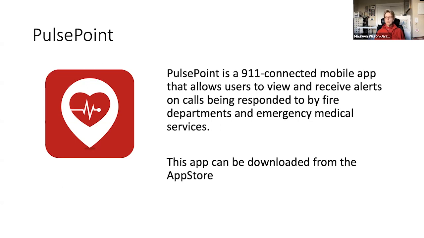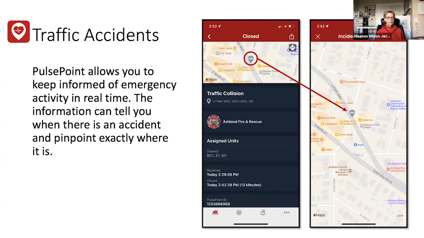Pulse Point, I don't know if you've heard of this. Pulse Point you can download from the App Store. It's an app that lets you know what's happening basically around you. Depending on how you have it set up, it'll give you a notification of where fire departments and other emergency and medical services are responding, where they're going and what's going on there.